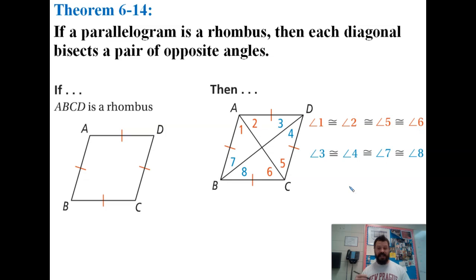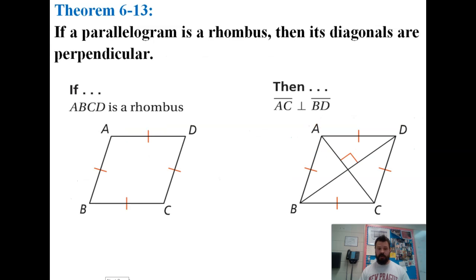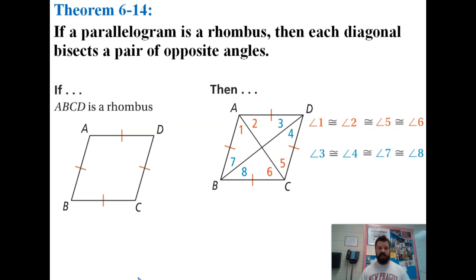That's what we mean by bisect an angle: split into two congruent parts, and both sets of opposite angles will be split into congruent parts. Same thing with diagonal BD, it's going to split angles 3, 4, 7, and 8 into four congruent angles. So when we're talking about rhombuses, we know the diagonals are perpendicular and also bisect opposite angles.